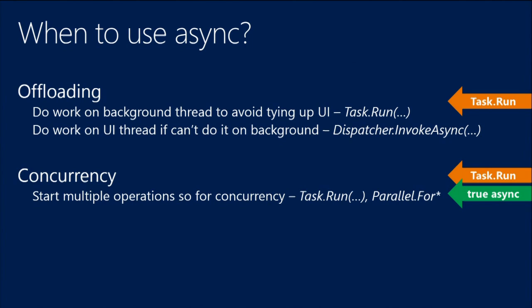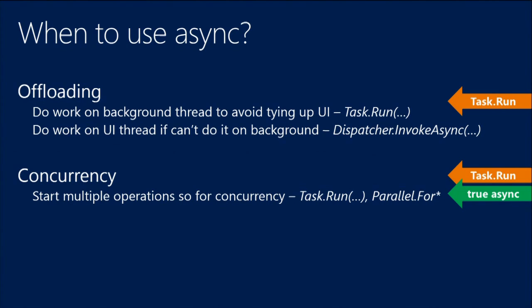The next case of wanting asynchrony is for concurrency, where we really want to say, start multiple operations so they can all run concurrently. And if those operations are CPU bound, then we're going to use task.run or parallel.forEach to start them on background threads.